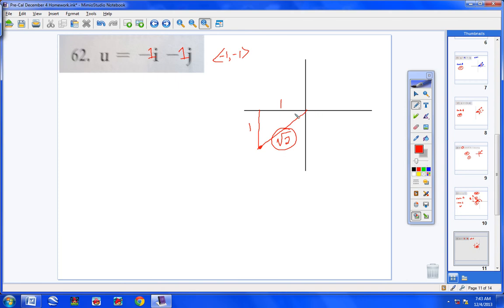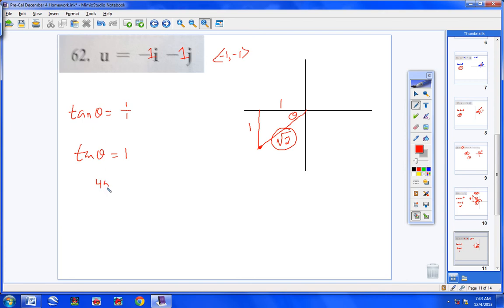Now let's find the direction angle, which means we're going to have to find this angle right here inside the triangle. So I'm going to use tangent because I don't want to use a radical. So I'm going to say tangent of theta is opposite over adjacent, 1 over 1. Well, 1 over 1 is just 1. So what angle, and by the way, you're going to find this on your table, what angle do you get when you take the tangent of that angle and it gives you 1? It's 45 degrees.